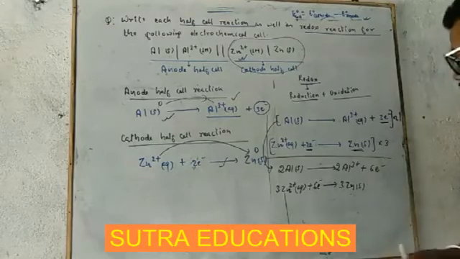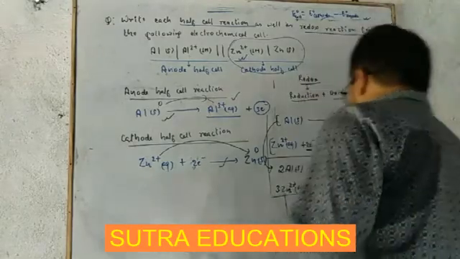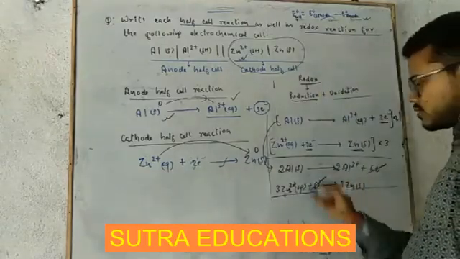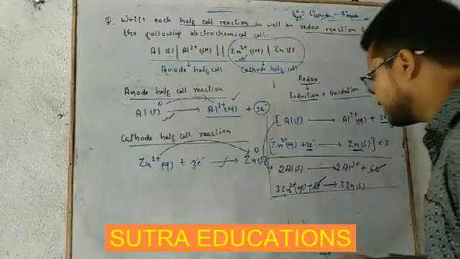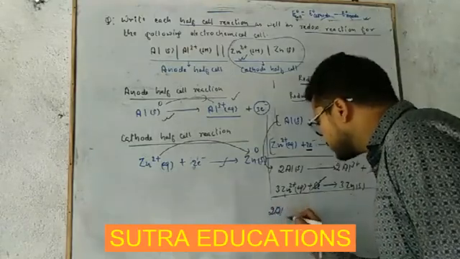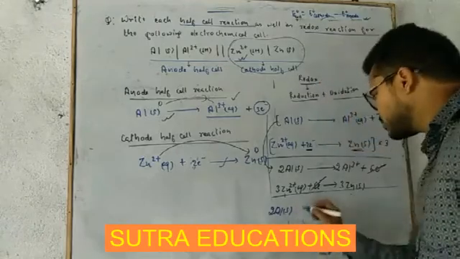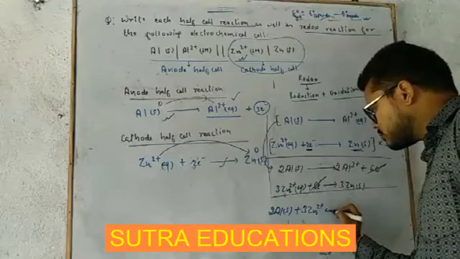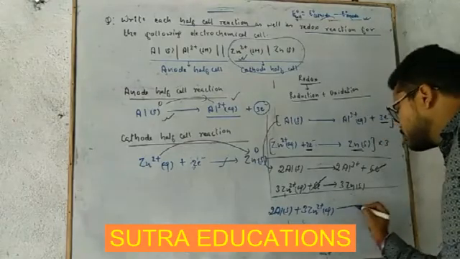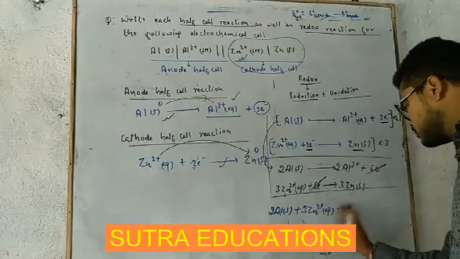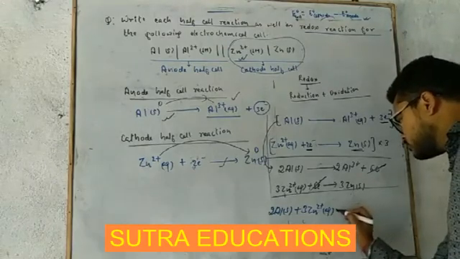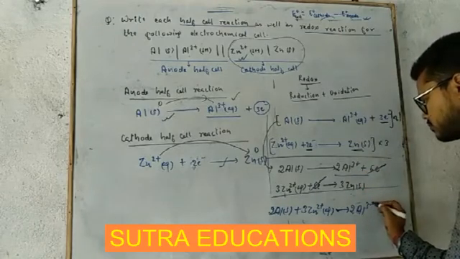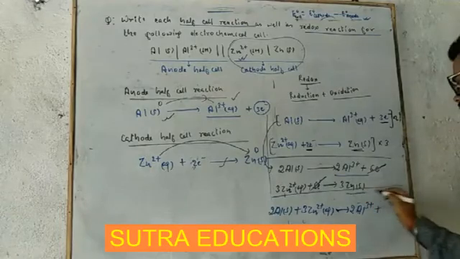Getting this now? Now the 6 electrons will be cancelled, so it will be 2Al solid plus 3Zn2+ aqueous gives 2Al3+ plus 3Zn solid.